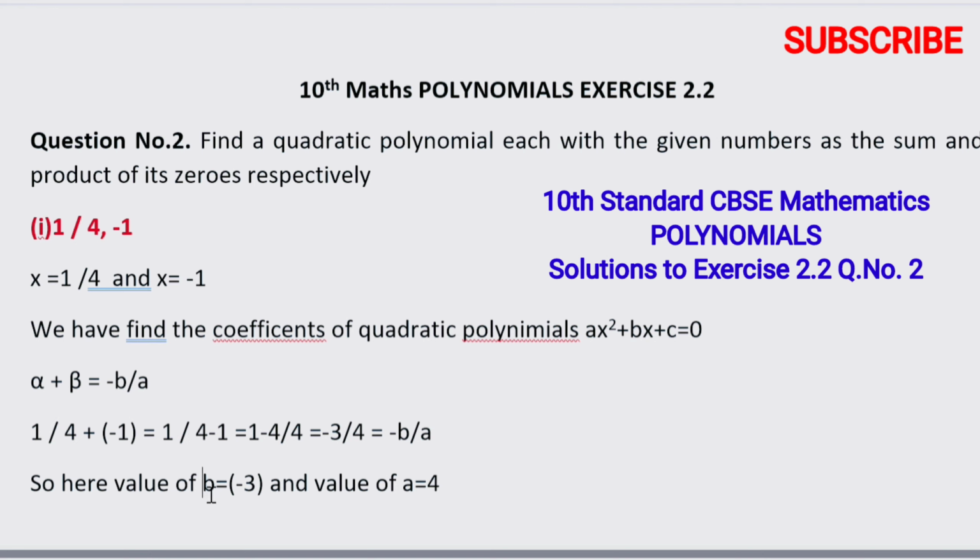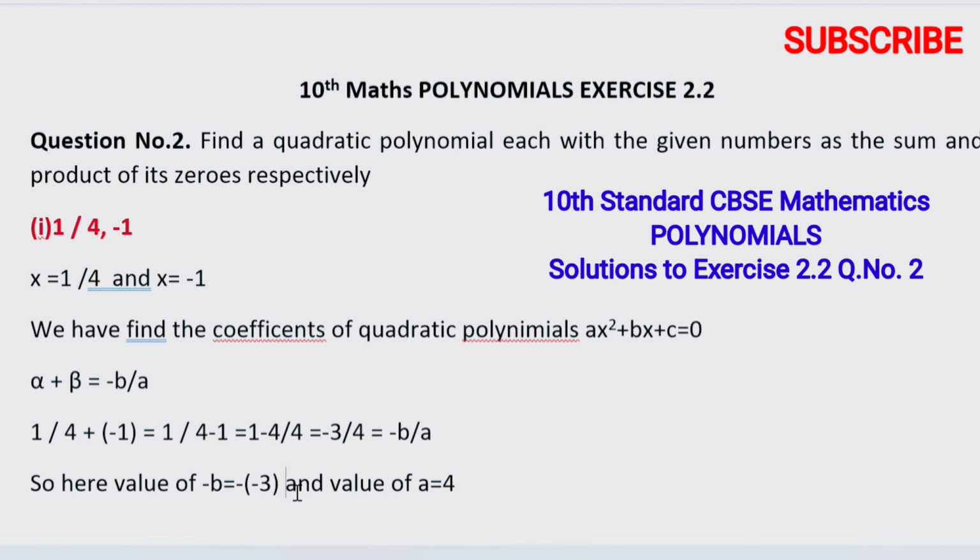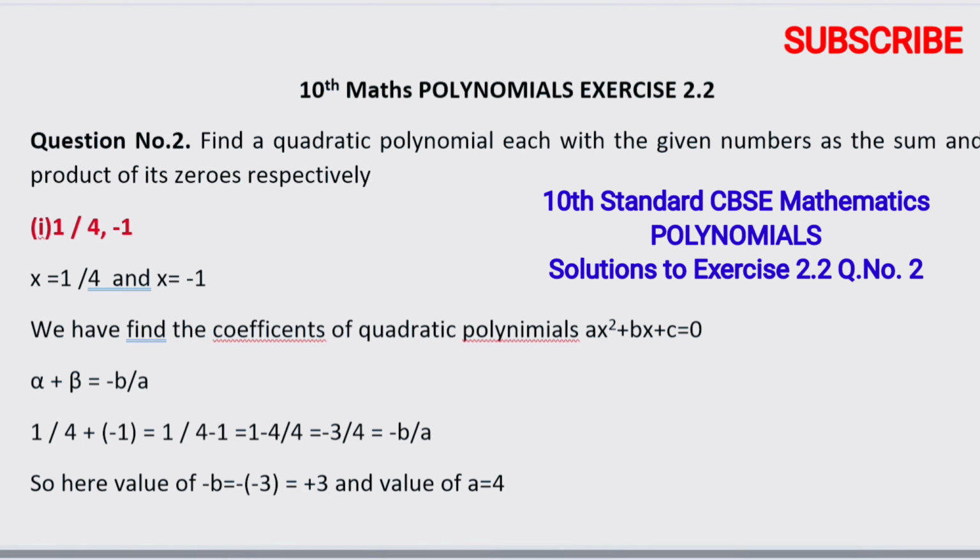Value of minus b is minus into minus, that is plus 3 only.